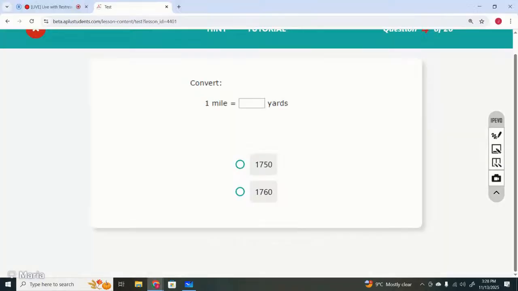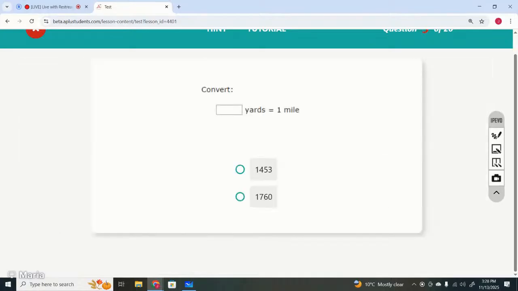So 1 mile equals how many yards? 1 mile equals 1,760 yards. Option number 2 is the correct option.